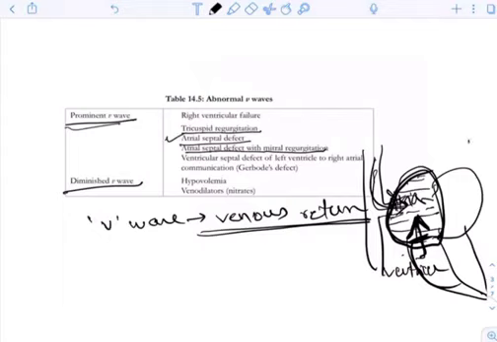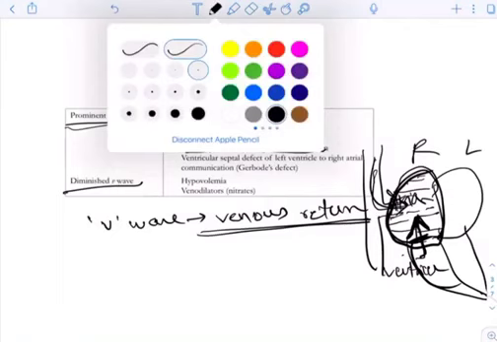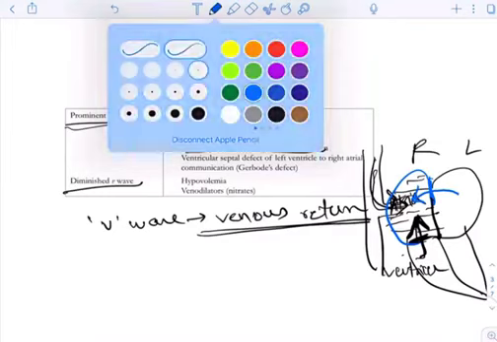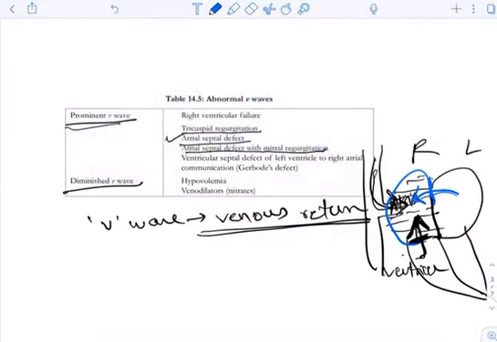In ASD, the shunt is from left to right. Suppose here is ASD, the shunt will be like this.